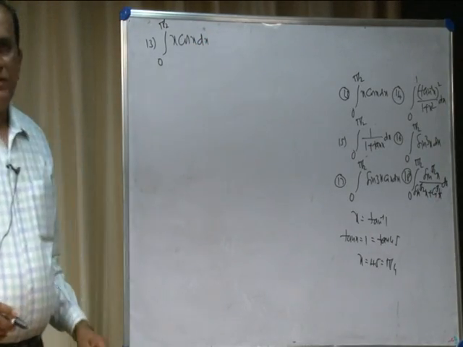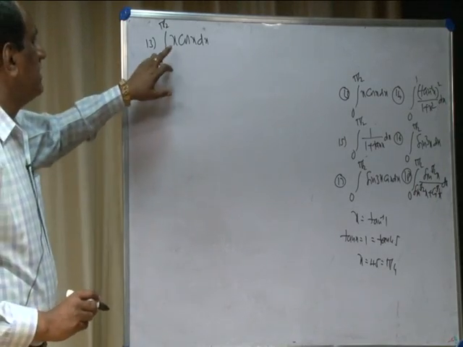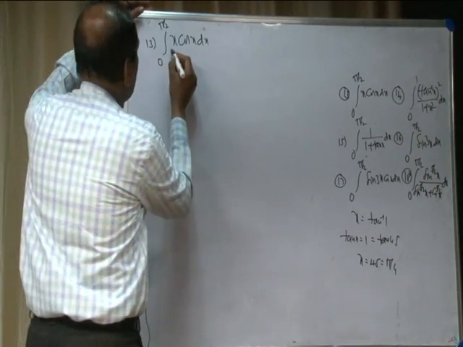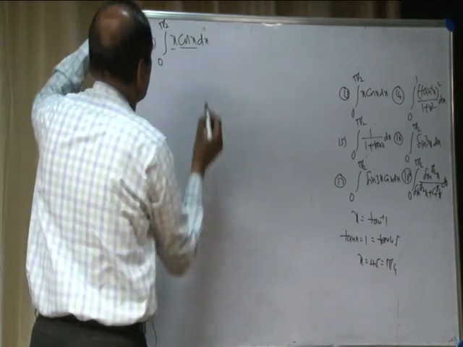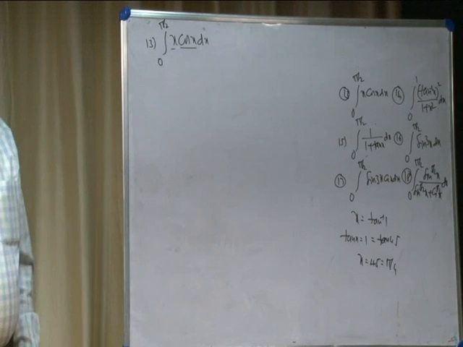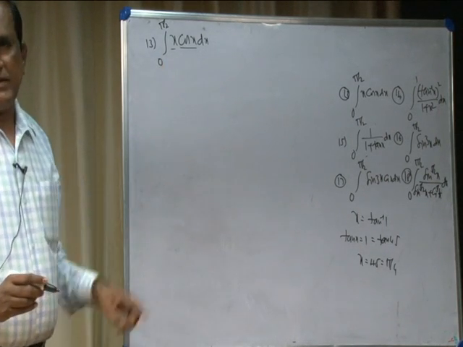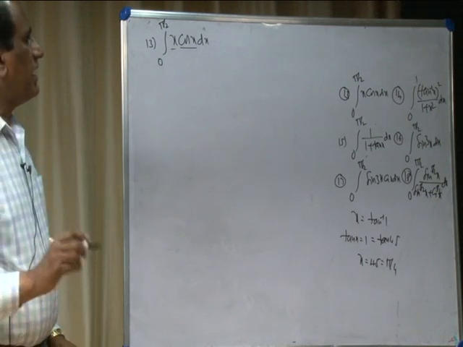In this problem, there is a product of two functions, one function is x, another function is cos x. So, which method to adopt to integrate x cos x? That is the integration by parts method.